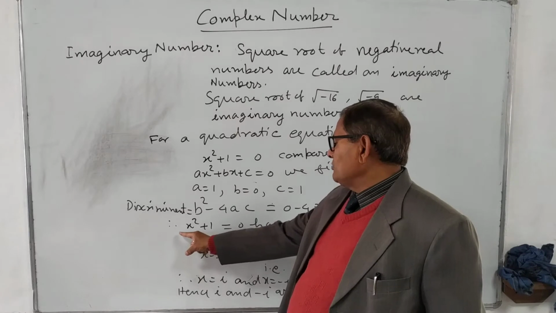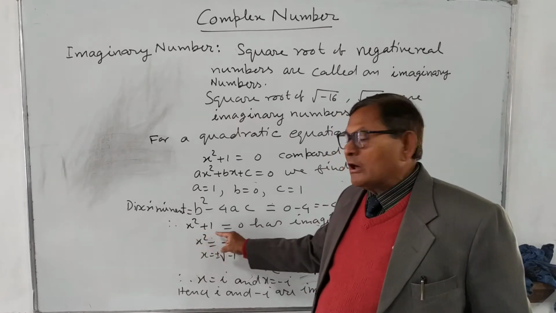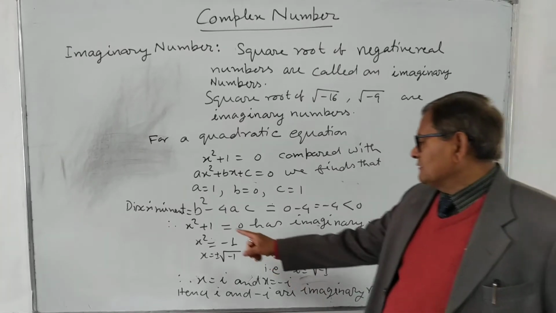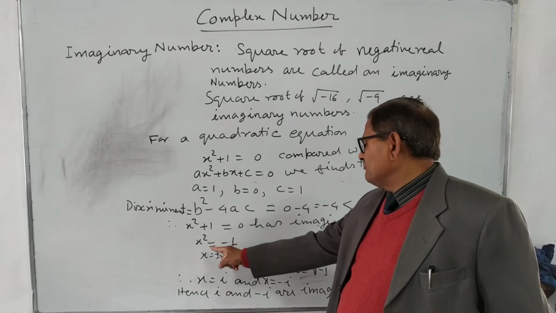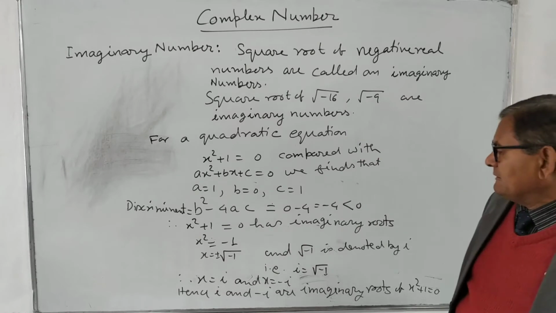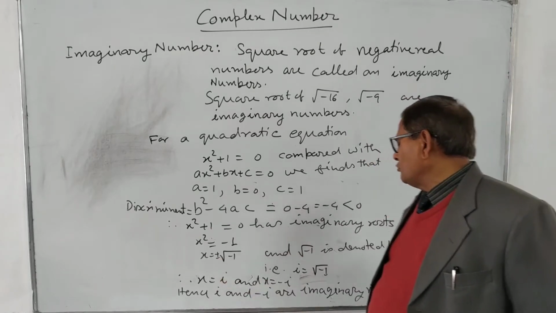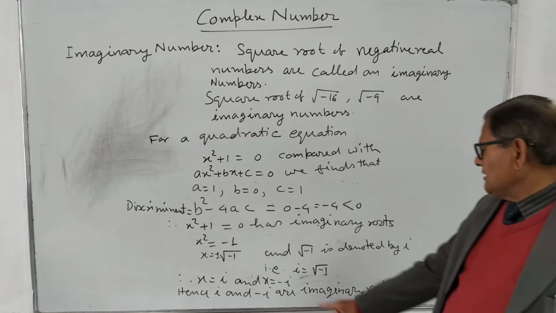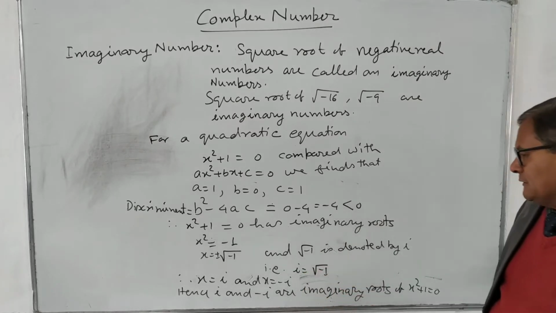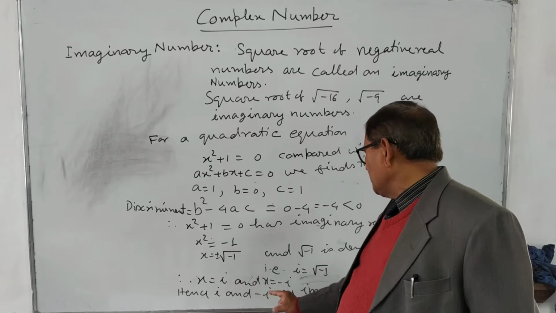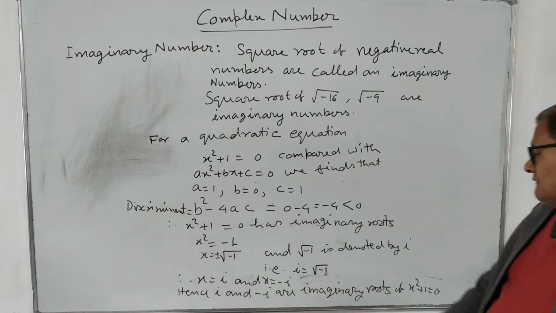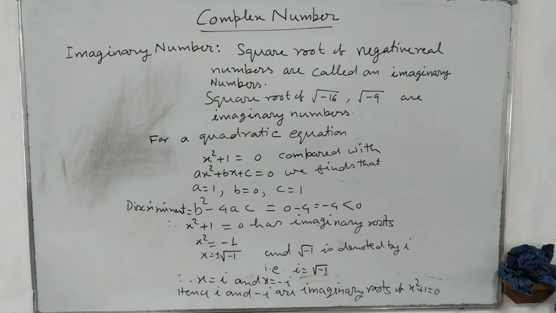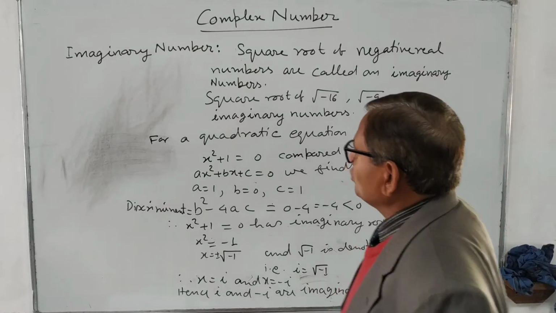Therefore, the quadratic equation x square plus 1 equal to 0 has imaginary roots. x square equals minus 1, so x equals plus minus under root minus 1, and under root minus 1 is denoted by i, that is i equal to under root minus 1. So x equal to i and x equal to minus i. Hence i and minus i are imaginary roots of the equation x square plus 1 equal to 0.